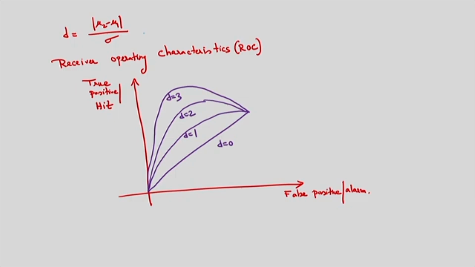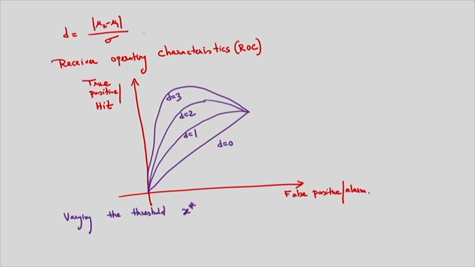In this case, we are varying the threshold x star. So what will happen?